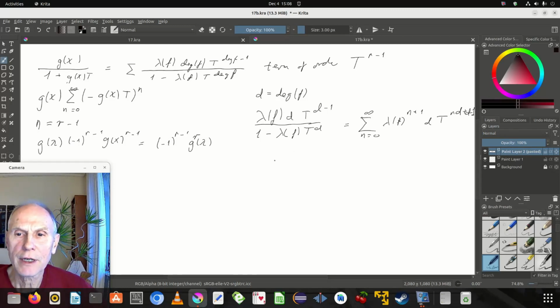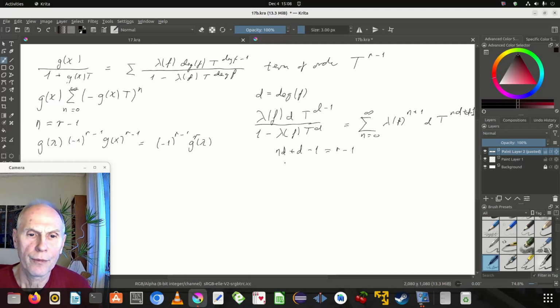So let's see how we get d must be a divisor of r, and then that must be equal to n plus 1.